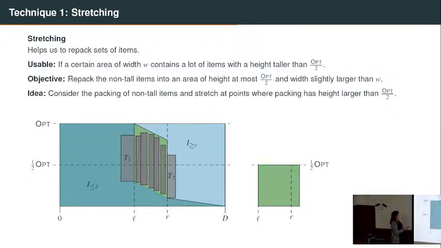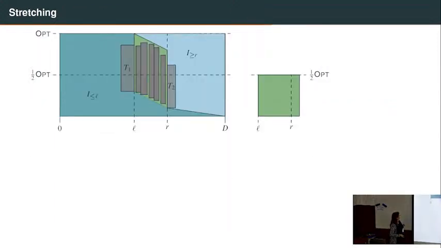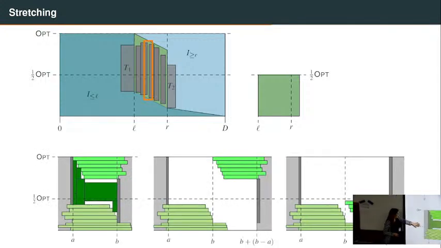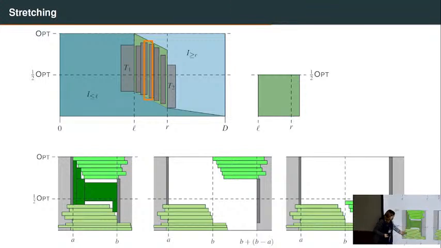And we call this stretching because of what is happening if we look at one of these areas where no tall item is placed, like this. We take out all the items which are completely contained in this segment and remove them, and for the items which overlap one of these lines, we shift all the items which start after this point A exactly this width to the right.